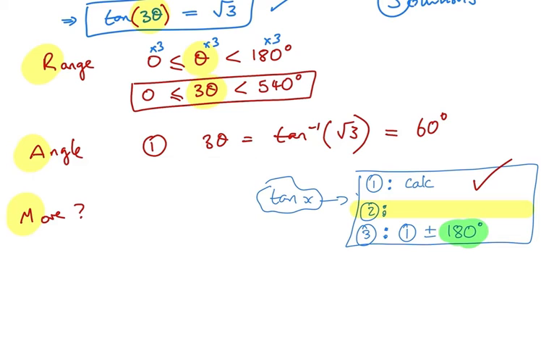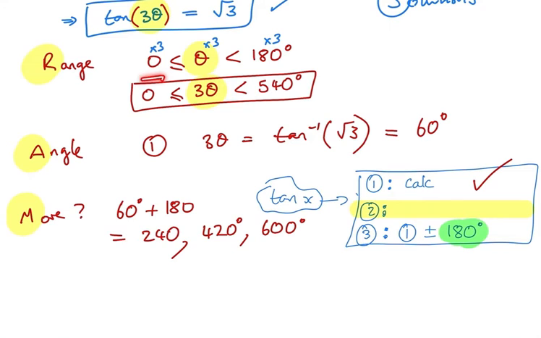To find our second, third, fourth, fifth, to find all the other angles, all we do is take that first one and subtract or add 180. So it's going to be 60 degrees plus 180. So this equals 240 degrees. And then we add another 180, and this gives us 420 degrees. And then we can add another 180, this gives us 600 degrees.